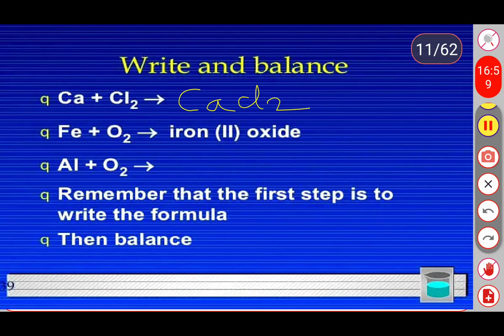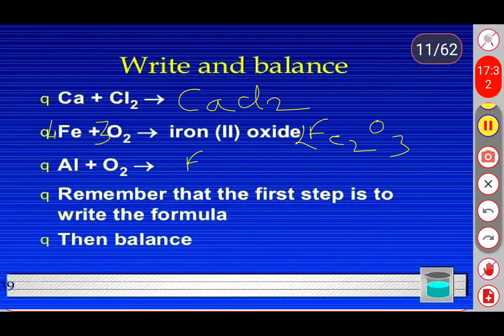When iron is combined with oxygen, it forms ferric oxide, Fe2O3. It means we need to take 4 as a coefficient in front of the iron and 3 as a coefficient in front of the oxygen molecule, and 2 in front of Fe2O3. So this is the balanced chemical equation.